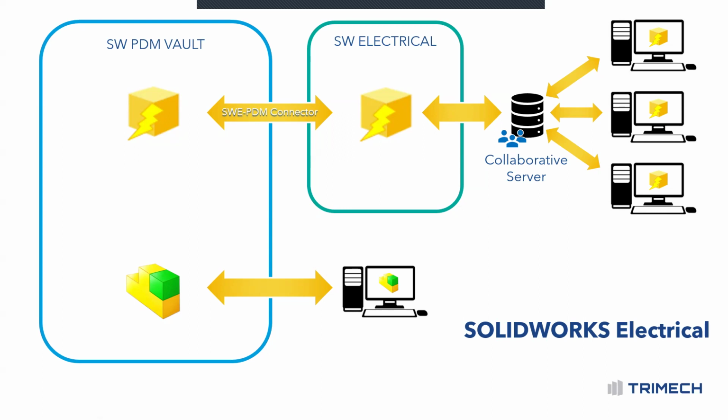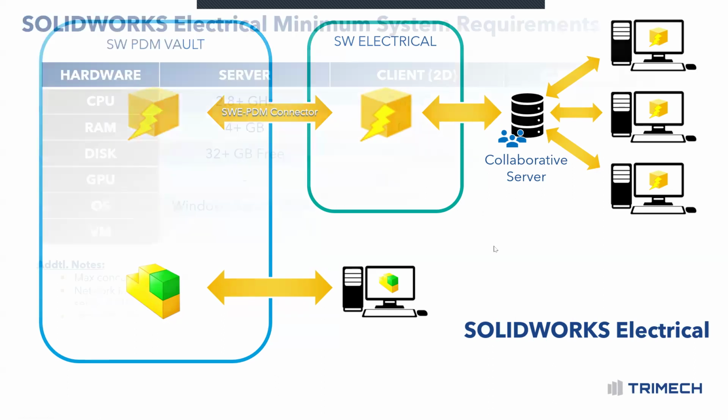But you can still manage and control revisions and data within PDM, manage your electrical bills of materials, and get project previews in PDM as well. So it's a pretty intelligent program, and to do that, it has to have some extra brains in the background. The collaborative server is what helps SOLIDWORKS Electrical think.